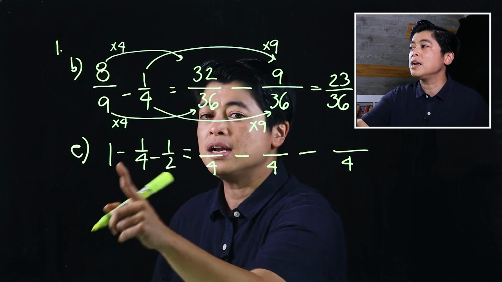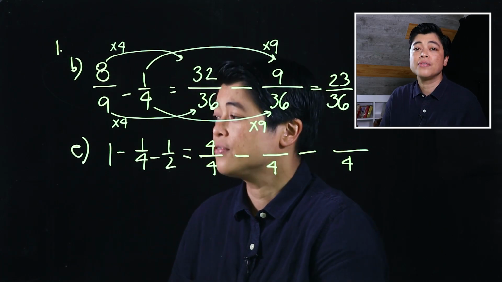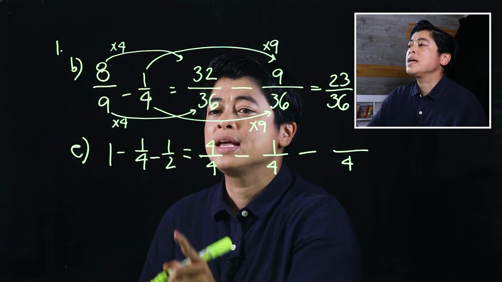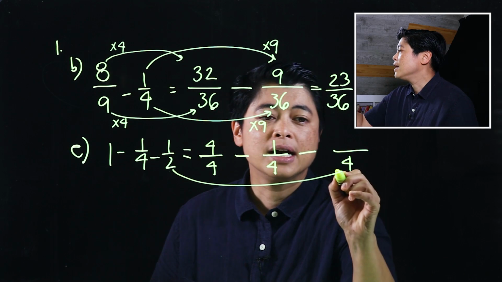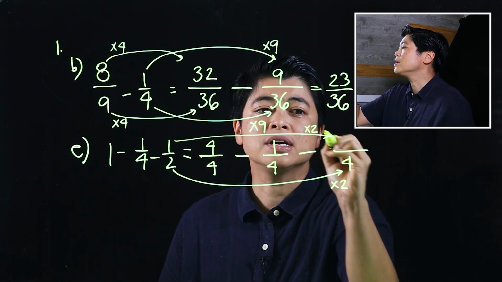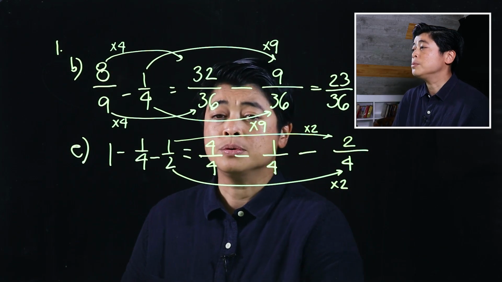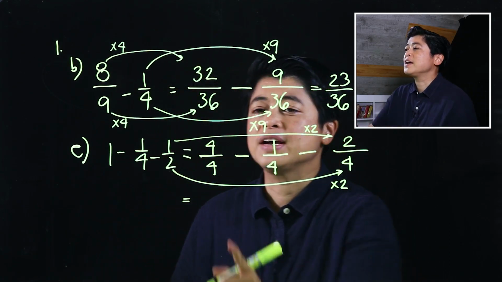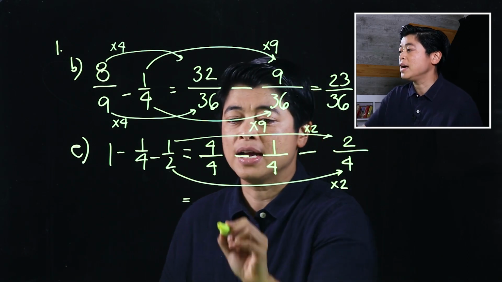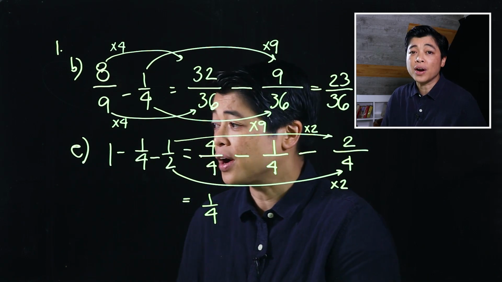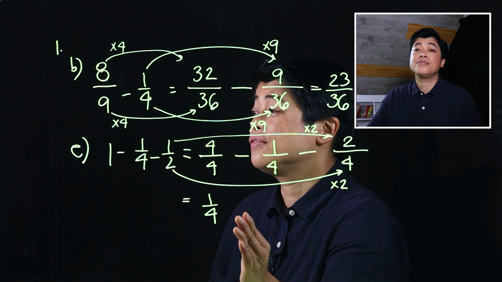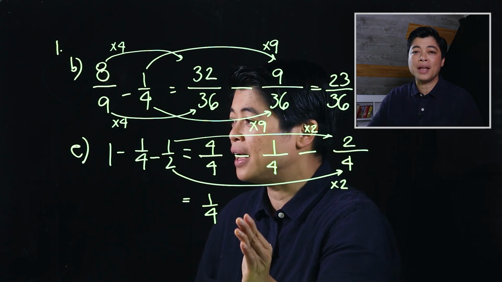Since that's a whole, that makes this 4 over 4. Since this is already over 4, I copy. And since this is over 2, I need to multiply by 2, making this multiplied by 2 as well, making that 2. So if I take 4 minus 1, that's 3, minus 2, that's 1, making this 1/4. That, again, is also in its simplified form. Therefore, I'm done with the problem.